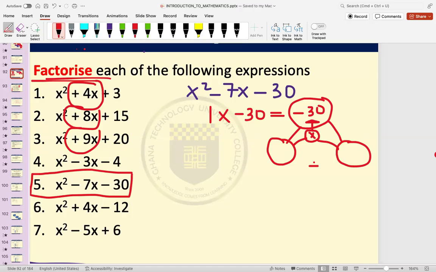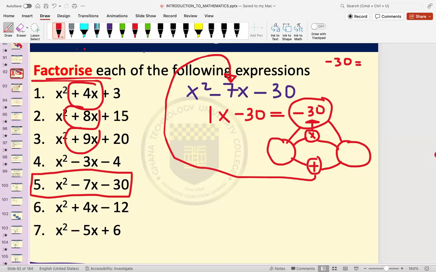But when I make a second attempt, this time not multiplying, but adding same 2 numbers, the result I get should be equal to the middle term coefficient, which this time is negative 7. So then I start my search. I pick my negative 30.